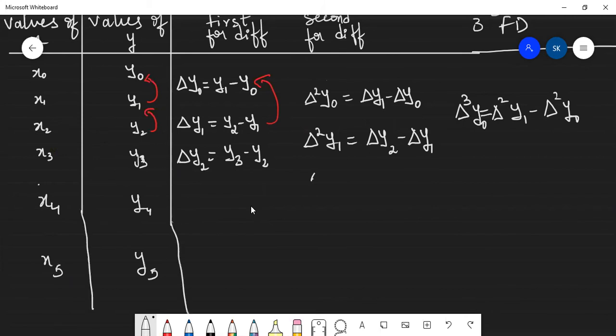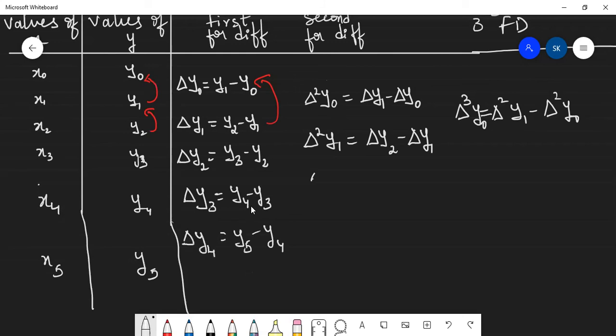First I do y4 minus y3, which is my first forward difference, represented as delta y3. In between y4 and y5 you write y5 minus y4, which is delta y4.